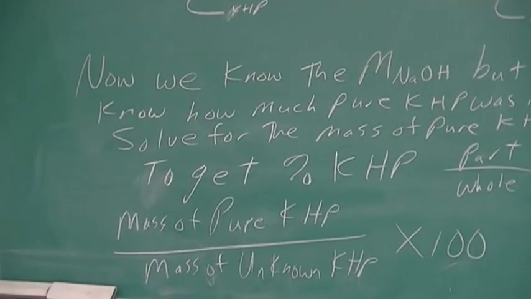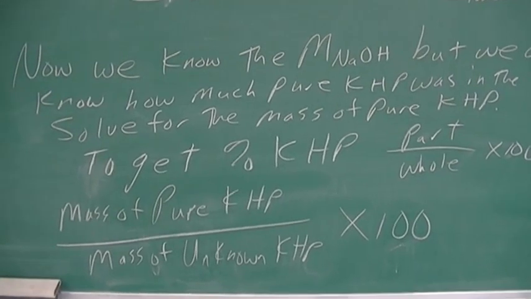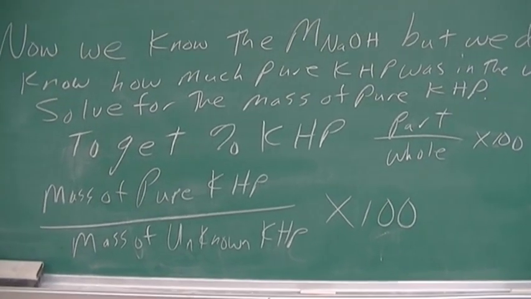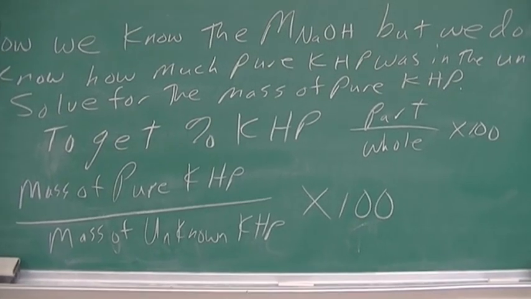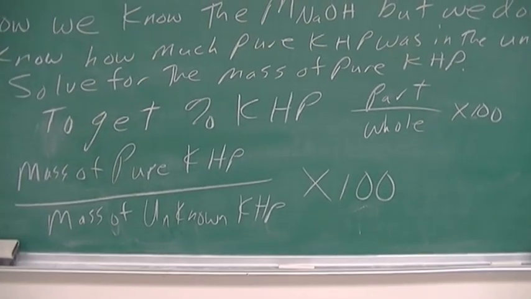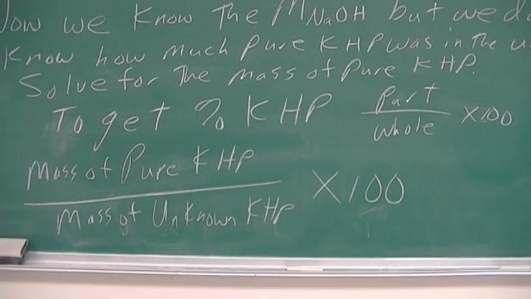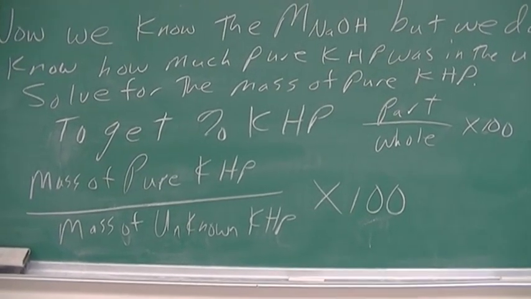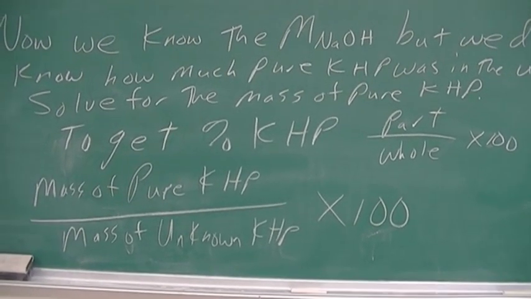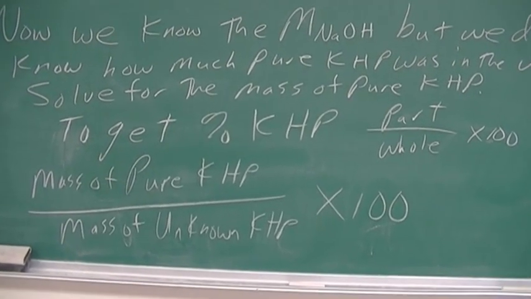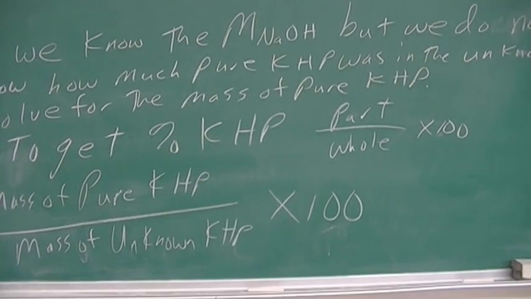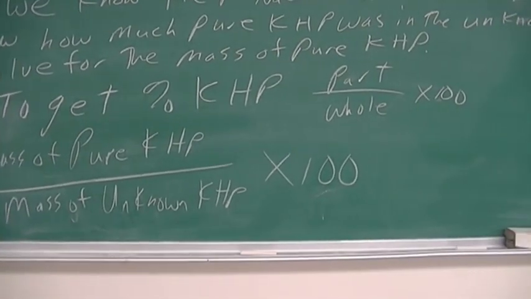So again, we now know the molarity of NaOH from our previous calculation, but we do not know how much of that KHP was pure KHP. So we have to solve for the mass of pure KHP in that equation. Once you have the mass of pure KHP, to get the percent KHP, you always take part over whole times 100.